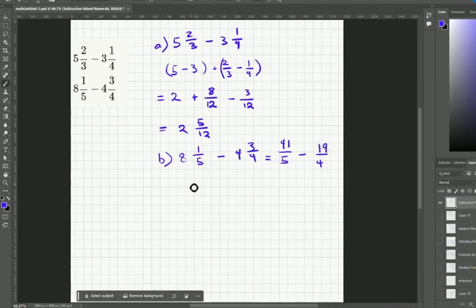It won't work because ultimately they're not the same denominator, so we've got to figure out if we can do anything about this to make our lives a little bit easier. So what is the lowest common denominator between these? 20, I think. So we're going to change this to be equal to 4 times this number. It's over 20.